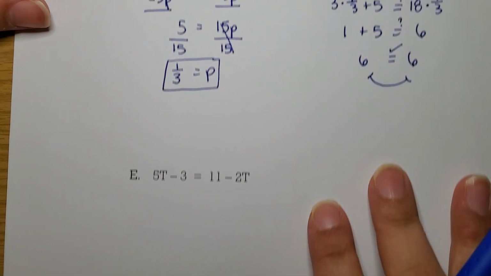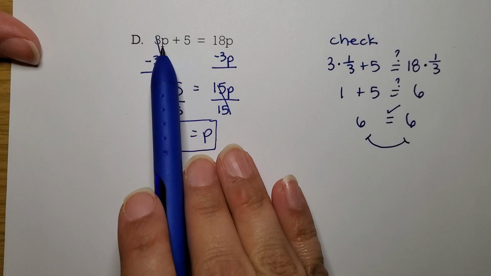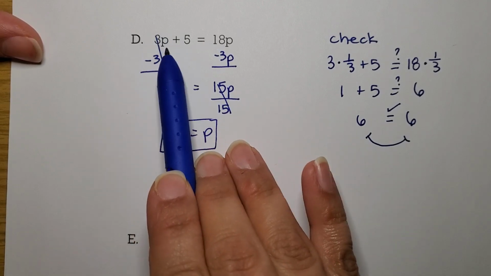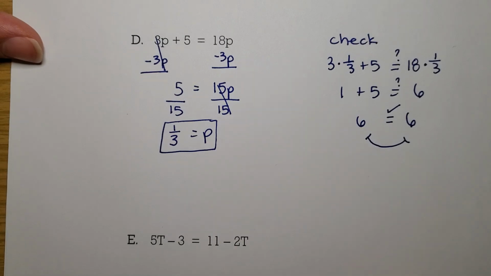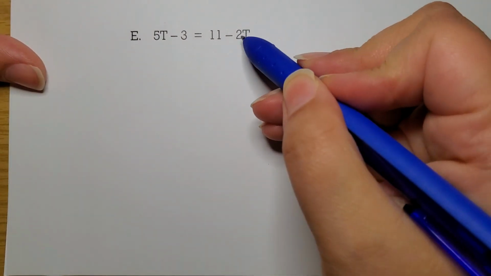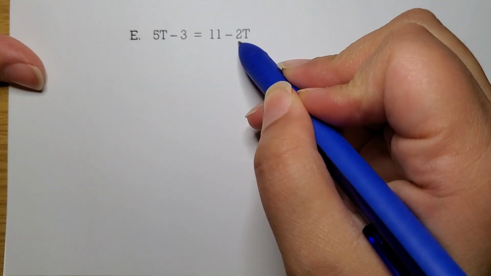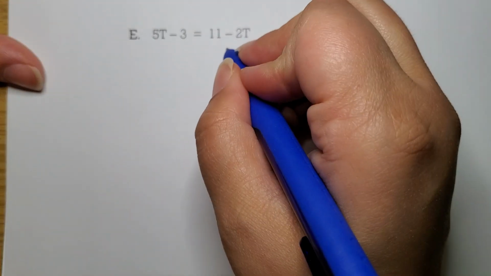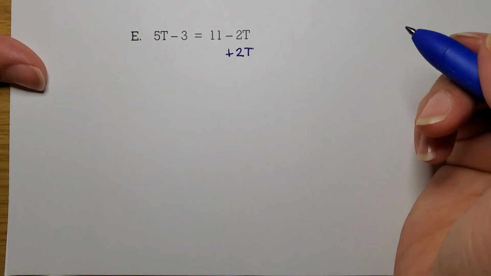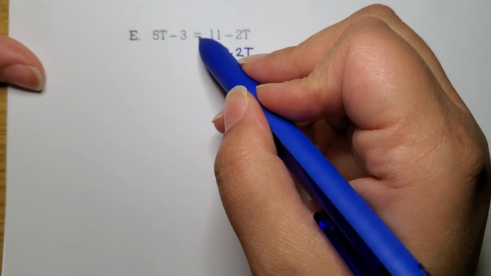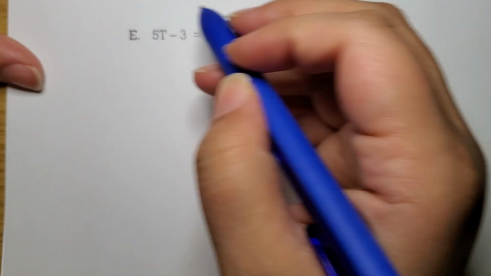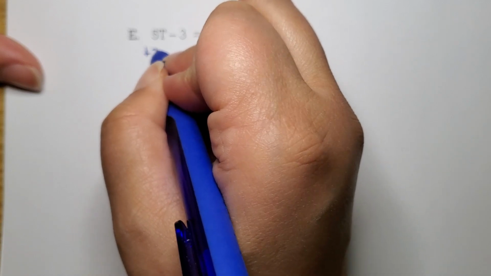So just as we did here, we subtracted the 3p. So we did the opposite of the whole term to move it to the other side. I'm going to do the opposite of the whole term here. Since this is a minus 2t, the opposite is going to be plus 2t. When I do this to both sides, I've got to go to the other side of the equal sign, and I'm going to line it up with its like term, plus 2t.